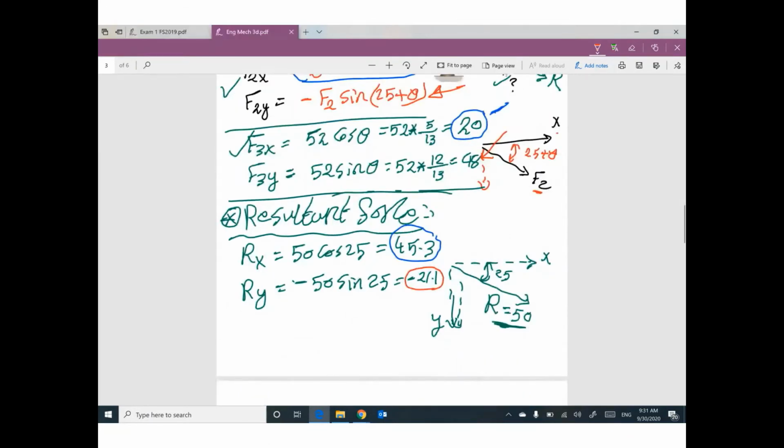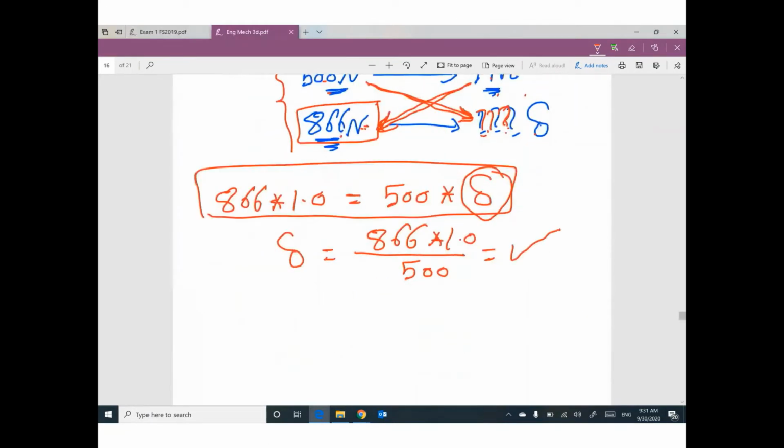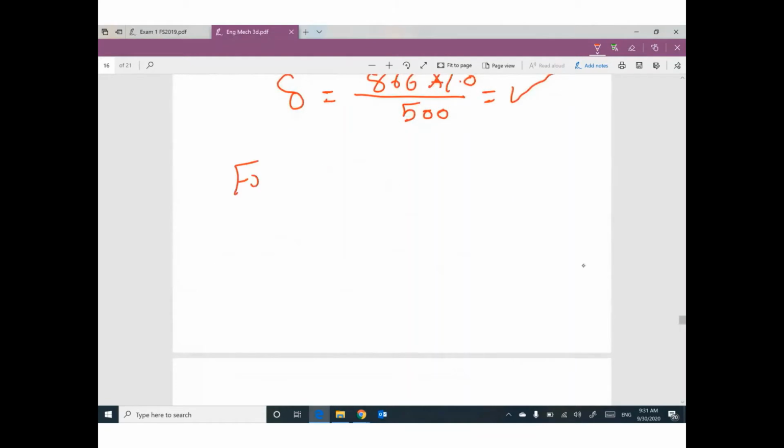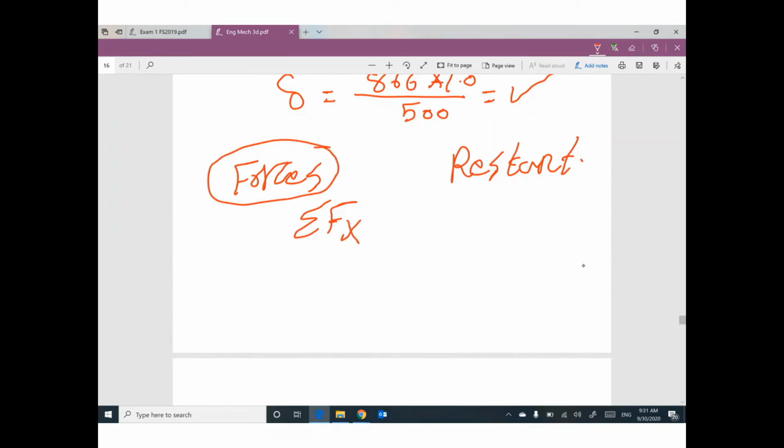Guys, if you have forces and you have a resultant force, that means the summation of all X components for these forces equals the X component of this resultant.